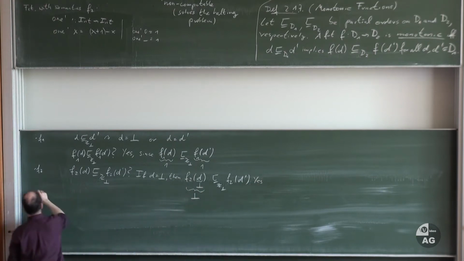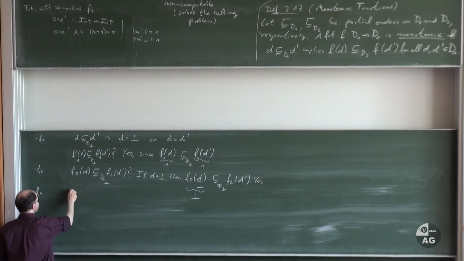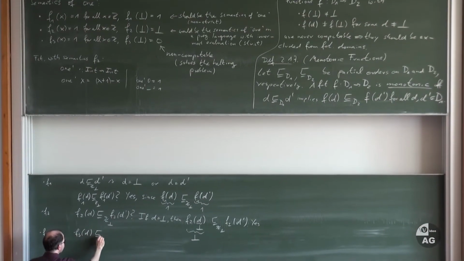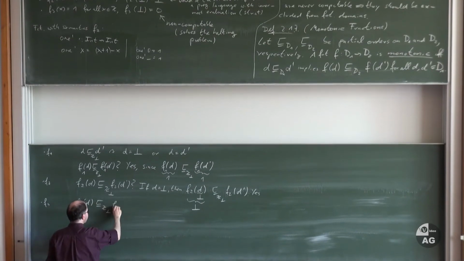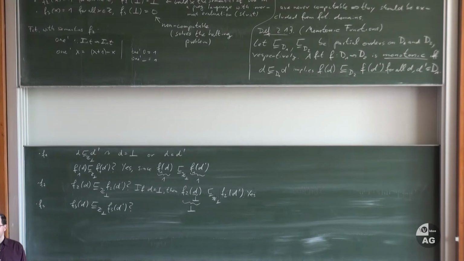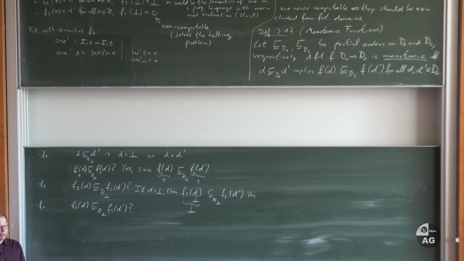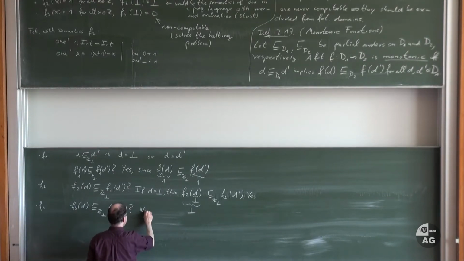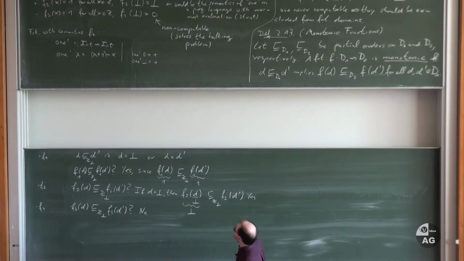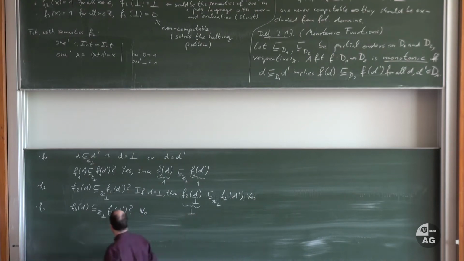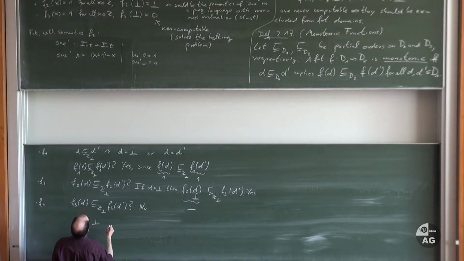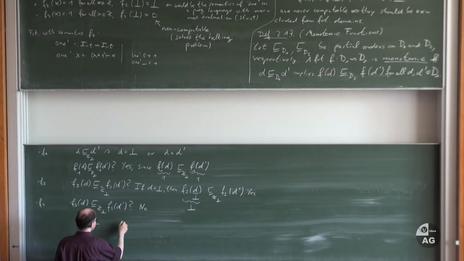And what about f3? Do we also have that f3 of d is always less defined or equal to f3 of d prime? No. Why not? Well, let's say d is bottom and d prime is something else, I don't know, 1.